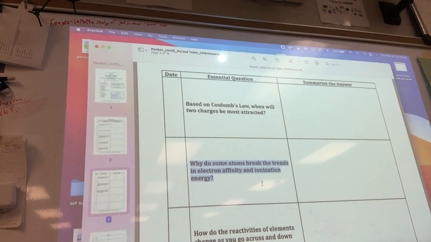So it's this question up here, why do some atoms break the trends in ionization energy? In other words, what was the explanation to some of the exceptions to ionization energy? Right, maybe the electron you're trying to rip off is already paired with another electron in a box. That would make it easier to rip off that electron because of the repulsion.